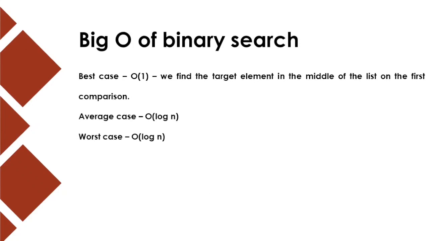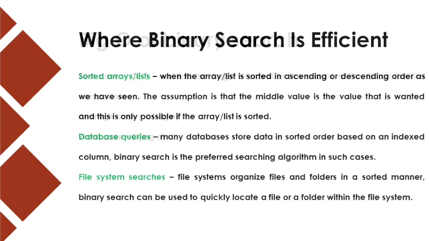Now, for the average and the worst case, the binary search algorithm runs in O of log n. And yeah, so that is all about the Big O of the binary search algorithm. Now, let us wind up by understanding where binary search is efficient. We already know this, that binary search will work excellently in sorted arrays or lists.